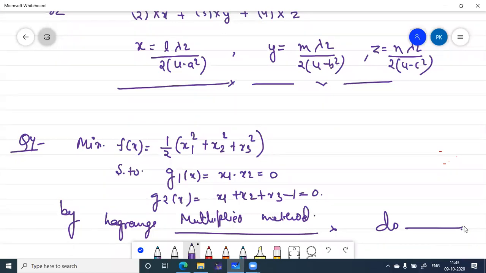After that, in this unit, one topic is remaining, which is the KKT conditions, the Kuhn-Tucker conditions. We will discuss the KKT conditions in the next class. Okay, so any problem with the Lagrange's multiplier?